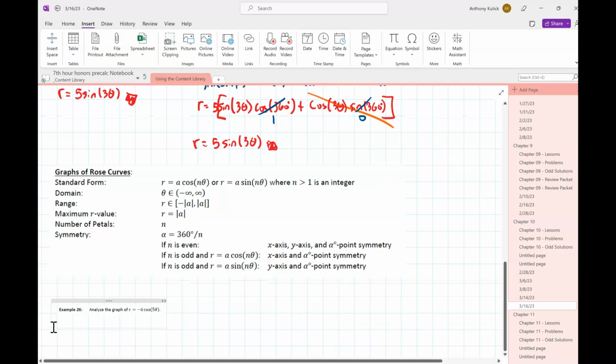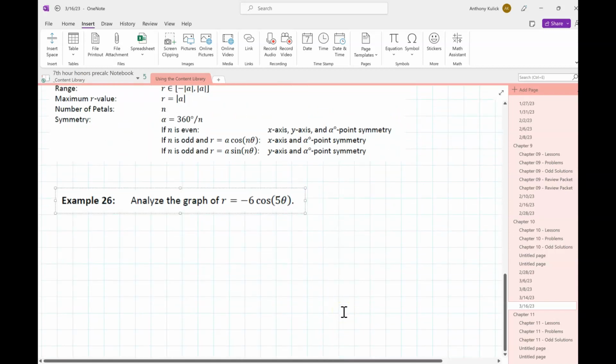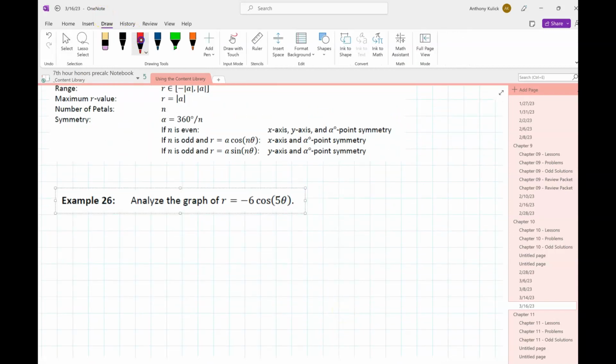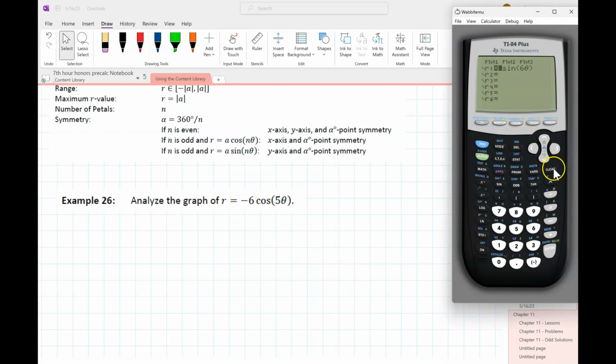All right, let's do a quick example of this. To analyze this graph, let's just take a quick peek at what it looks like here: -6 cosine 5 theta.